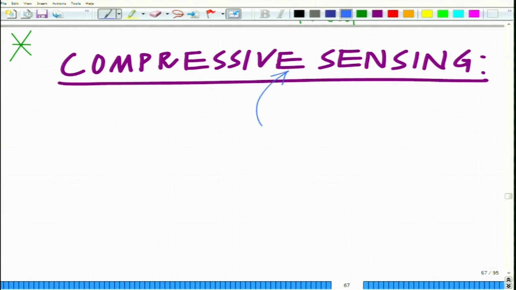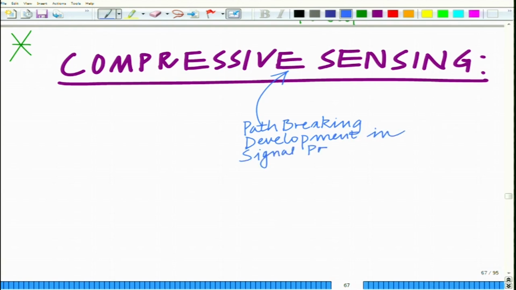This is the latest and very significant path breaking development or path breaking technology in signal processing, and its applications are everywhere, even in communication, biomedical signal processing, so on, in many domains.